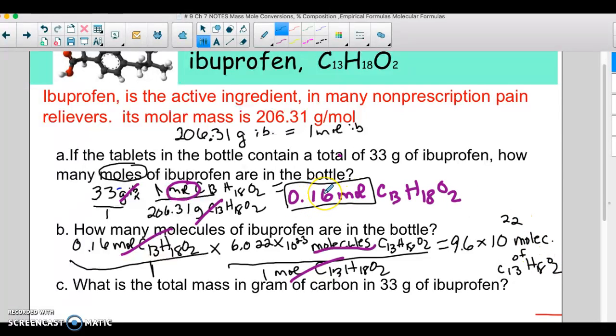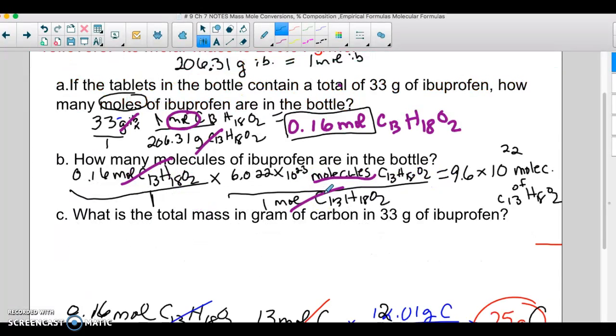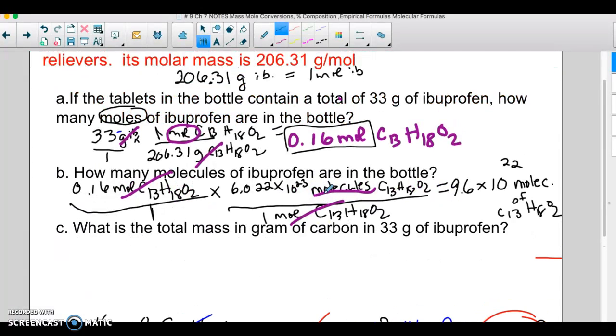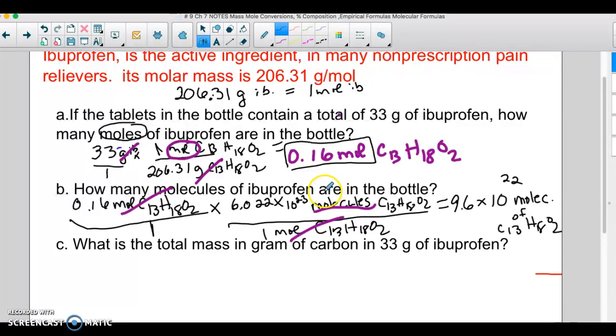So last problem, we want to know the total mass in grams of just carbon in that 33 gram bottle. So this one's a little different, and I could start with the 33 grams and convert it to mole, but again, I did that up here. So I'm just going to start with my moles of ibuprofen, and I'm going to realize that I'm only talking about carbon now. So in this compound, I can interpret these subscripts as moles.